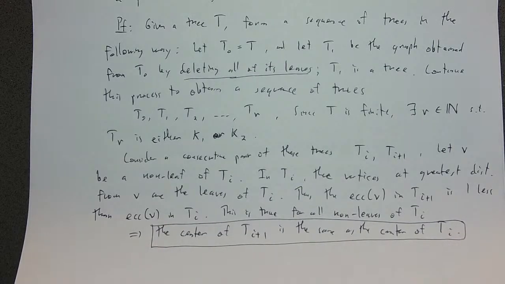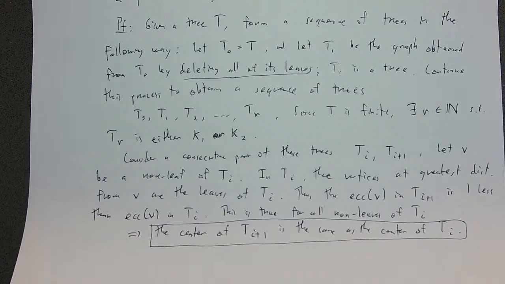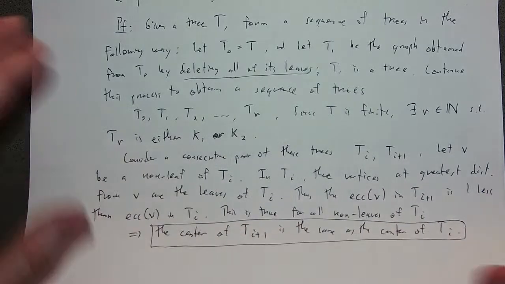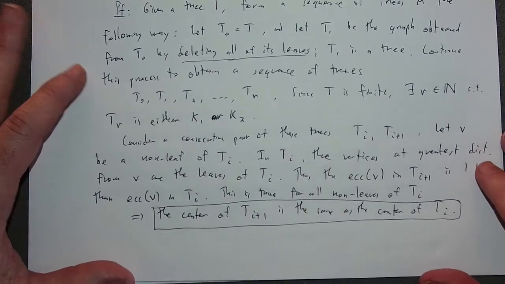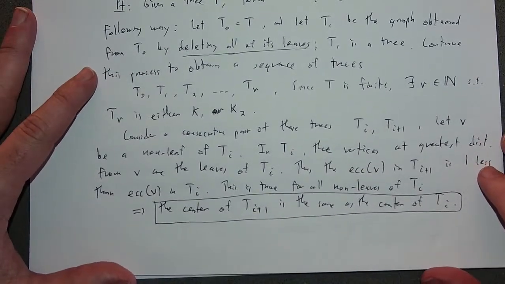This process, as harsh as it might seem in terms of vertex deletion, you're massively reducing the order of the graph potentially at every point, right? In that one example that I drew, we went from an order 5 tree to an order 1 tree in a single step. So this seems like it may be a brutal type of surgery you're doing on the graph, but whatever it is, it doesn't alter the center.